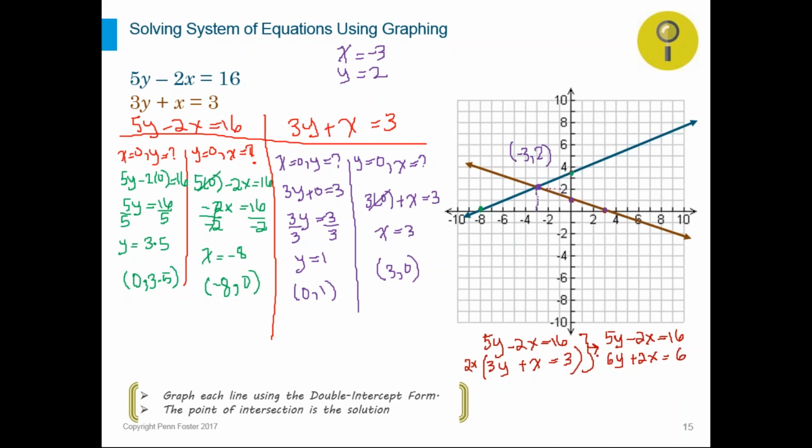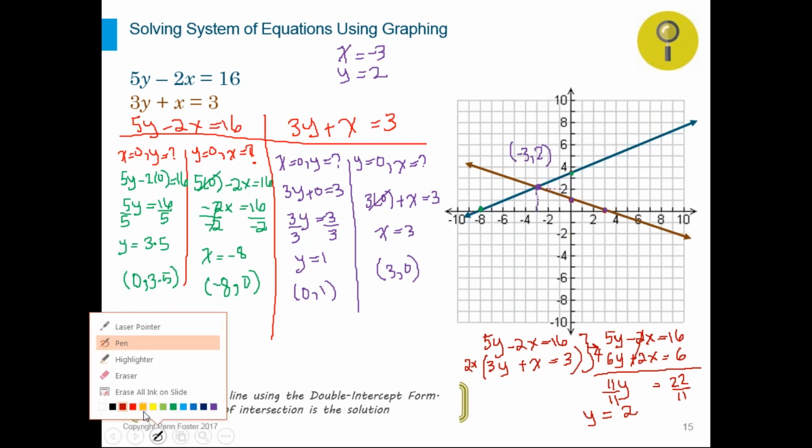Now you need to add both equations. So 5 and 6 will give you 11y. The x is gone, equals 22. Divide over 11 and divide over 11, y equals 2. And then use the y in one of the equations to find x.